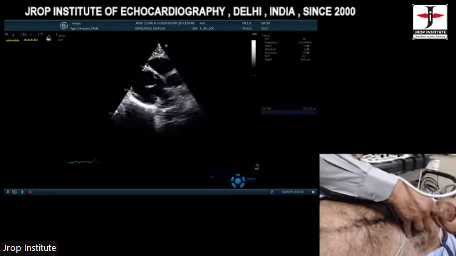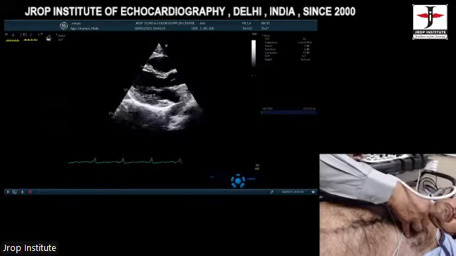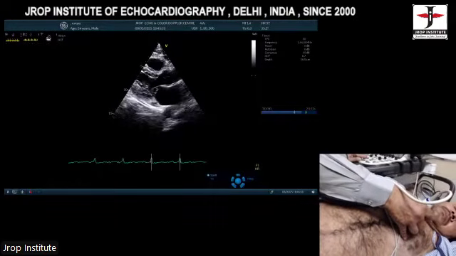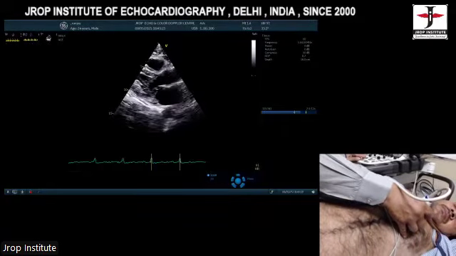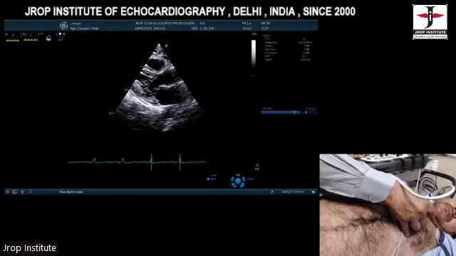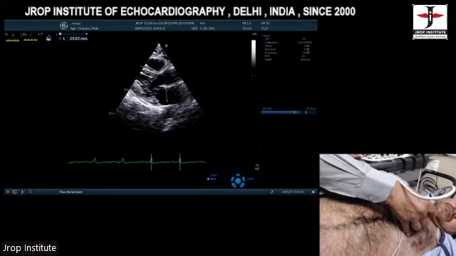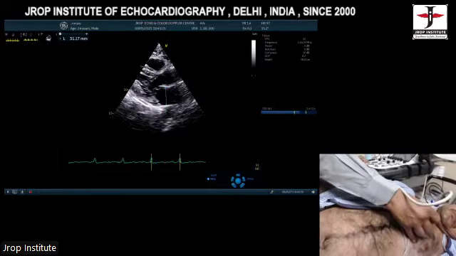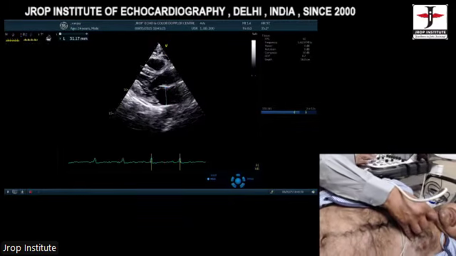Then we have to measure my LA. And how do I measure my LA? Go to the end of systole, measure your LA dimensions, divide by body surface area. 31 divided by body surface area.